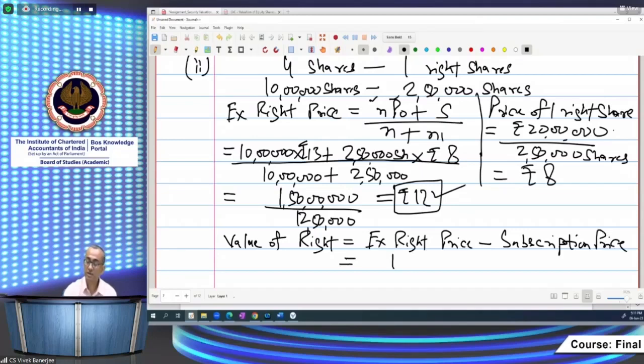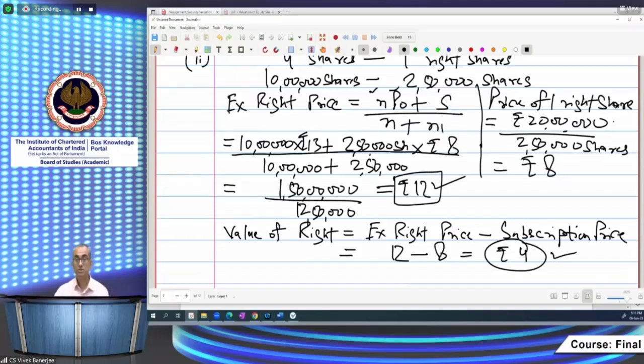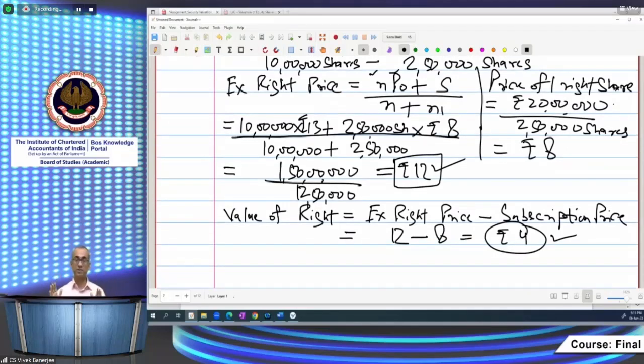We just calculated 12 minus 8 is equal to rupees 4. So this is the value of right. So in these two situations, we have calculated the X right price and we have calculated the value of right.